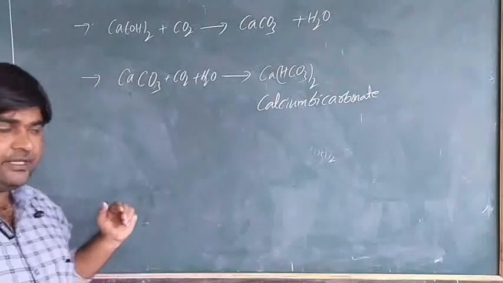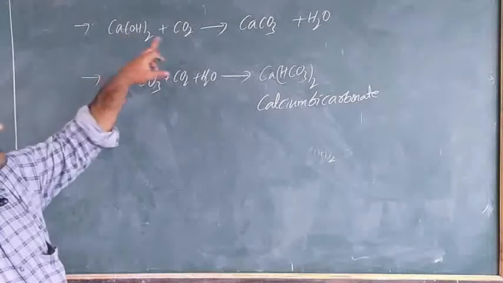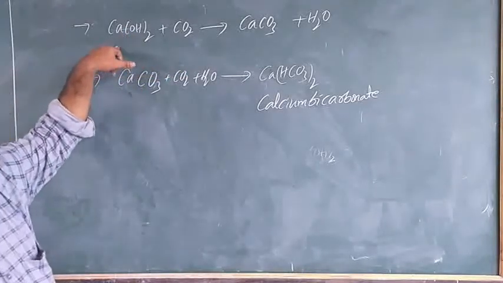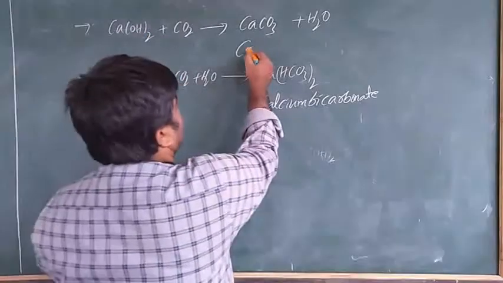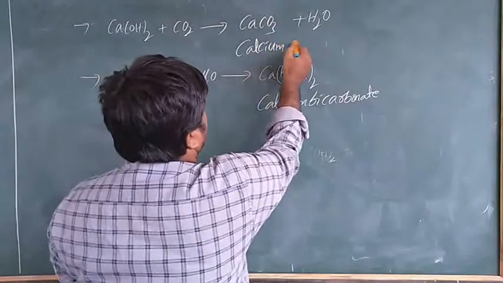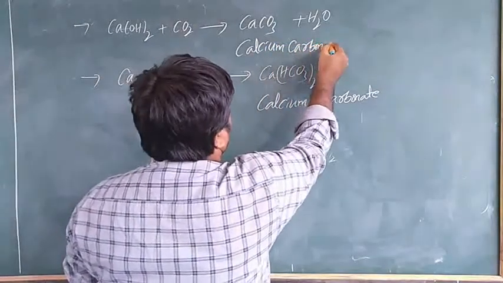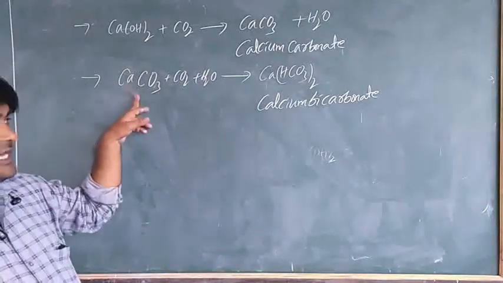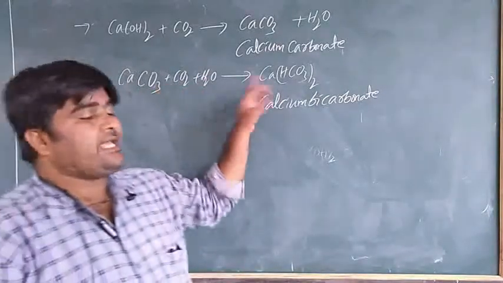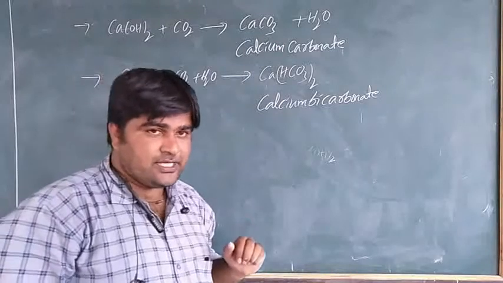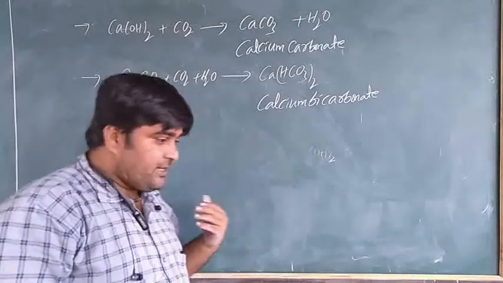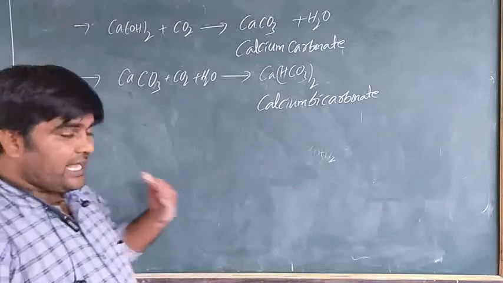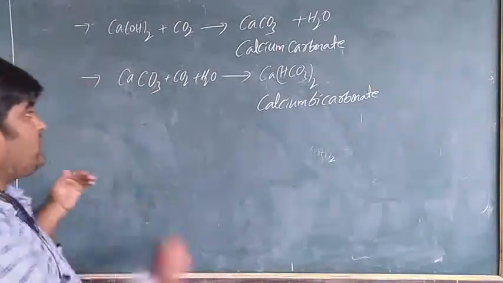Whenever carbon dioxide is passed through milk of lime it forms calcium carbonate, and excess carbon dioxide produces calcium bicarbonate. And chemically, calcium hydroxide also reacts with chlorine.